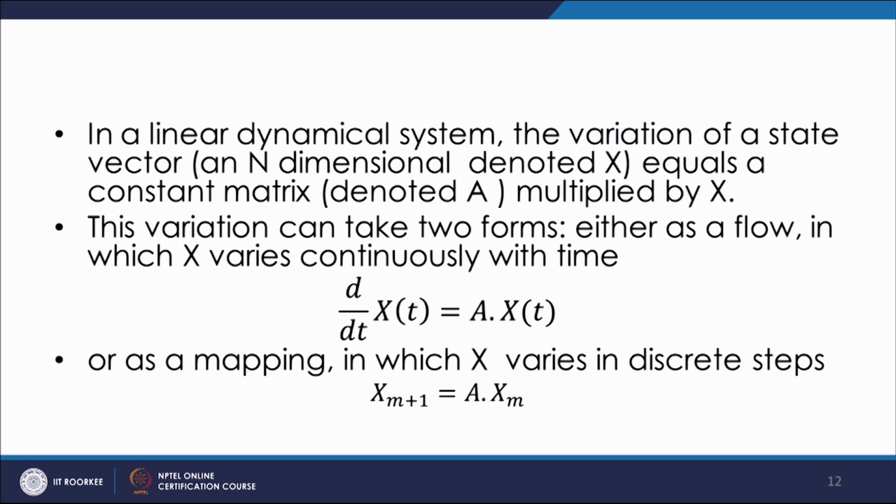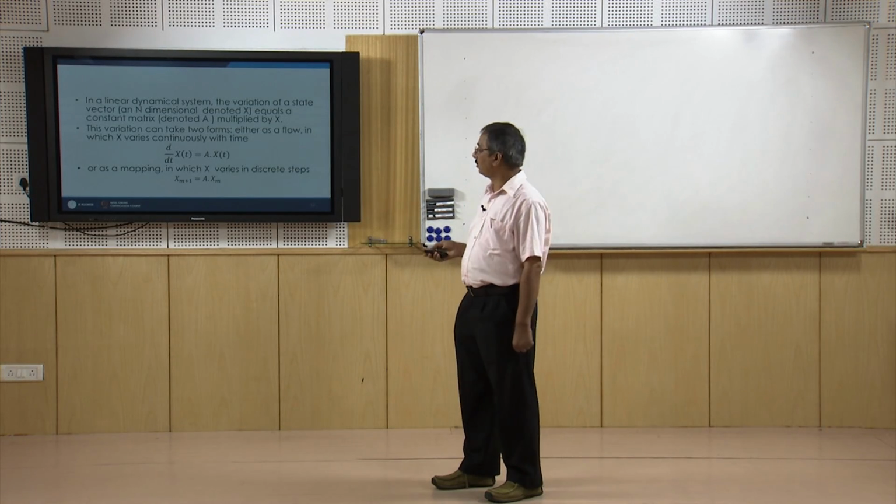This variation can take two forms, either as a flow in which x varies continuously with time, that is the equation is represented as d by dt of x(t) equals A x(t), or as a mapping in which x varies in discrete steps, that is x(m+1) equals A times x(m). So this is how the state space equations look.